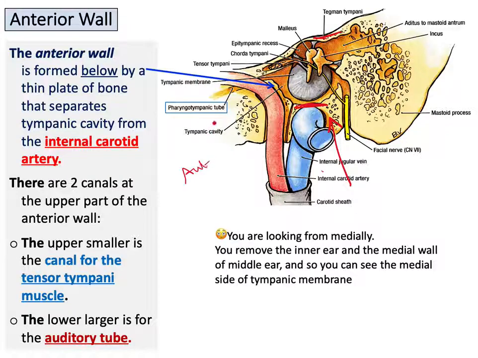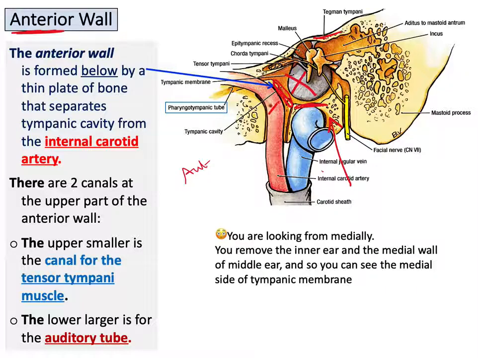That's here, anterior. You remember that the pharyngotympanic tube, or we call it the auditory tube, is located anteriorly. That's fine. Leave it for now. There is another opening also for a muscle, but let us start with the anterior wall. The anterior wall is formed by a thin plate of bone that separates the middle ear from what?